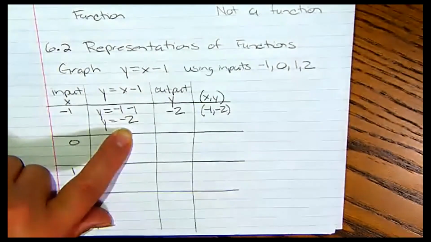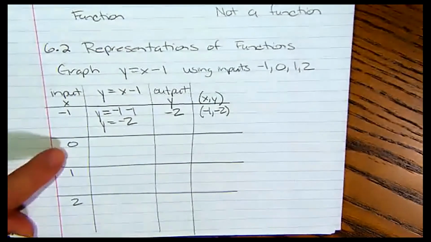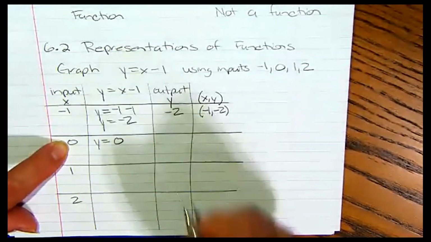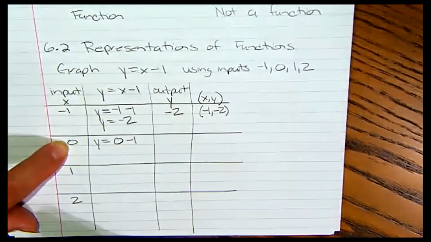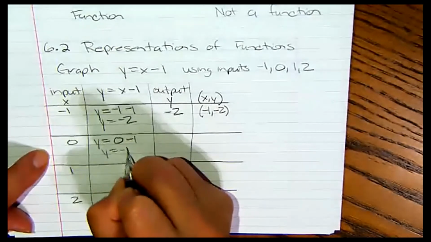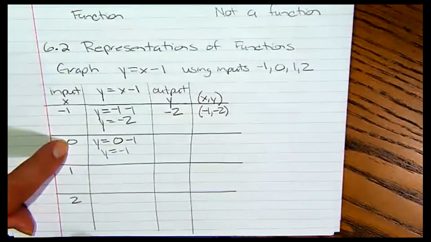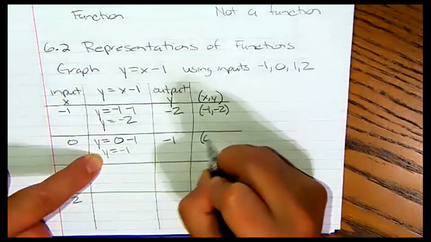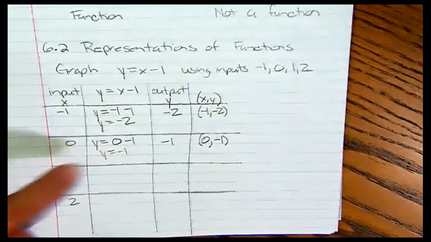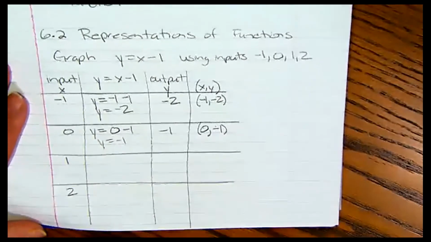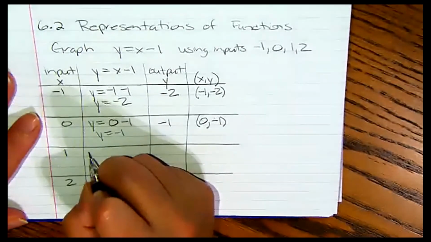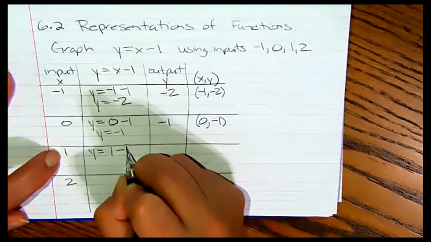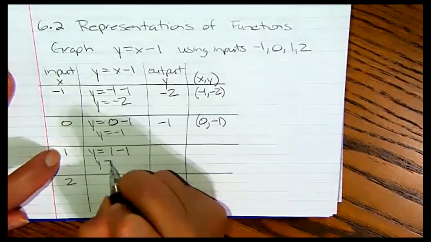So here's our ordered pair. We're going to do the same thing with 0. We are going to substitute 0 for x and then solve. So y equals -1. So when we input 0, this function spits out -1. So our second ordered pair is 0, -1. Let's substitute 1 for x and then solve.